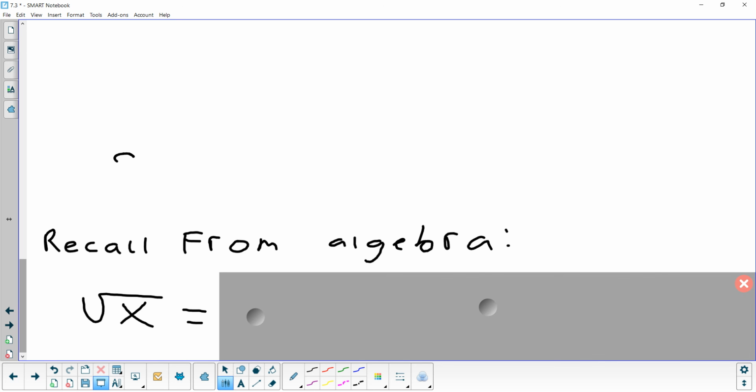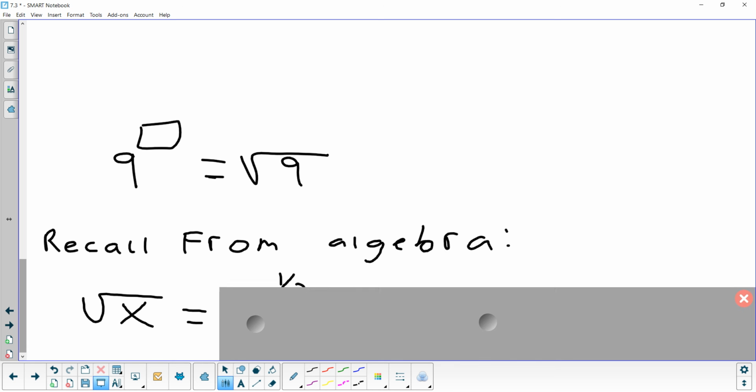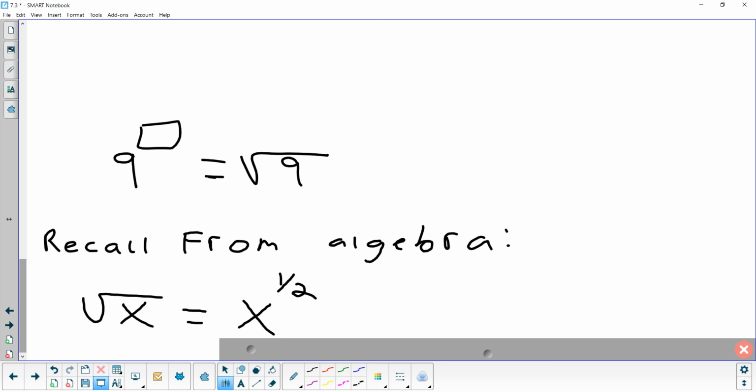Like I could raise 9 to a certain power, and it would be the exact same thing as doing that. Anybody remember what power could go in that box? Yeah? It's a half. Anything raised to the 1/2 power means to take the square root of it. And the reason why that's important is because let's say you had a problem like this.